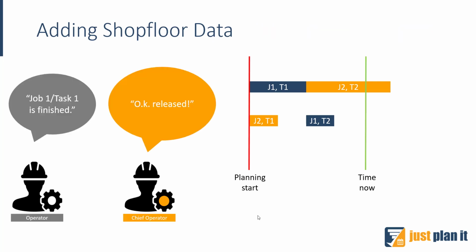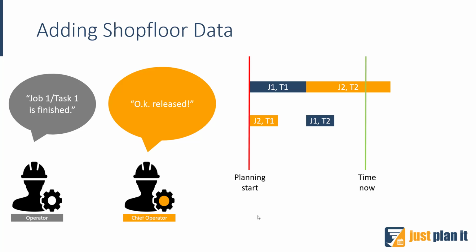So now you get the information from the operator that task 1 is finished, but you don't get any other information. And let's assume the chief operator says, okay, it's released, but as I said, we don't want to focus on this release process here.